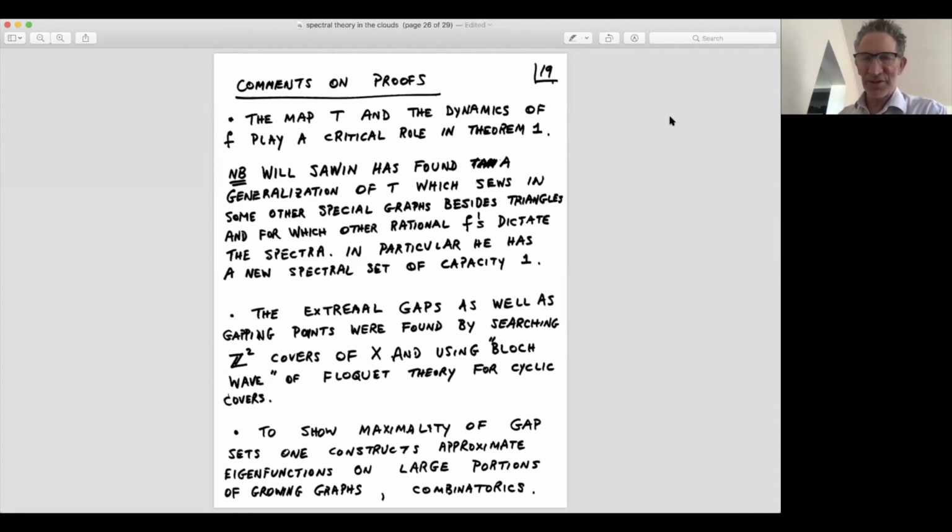So here's a question: is it true that I can create a gap? You give me a very large number, and I want to create a gap around that number for arbitrarily large hyperbolic surfaces, for the Laplacian. I don't know.